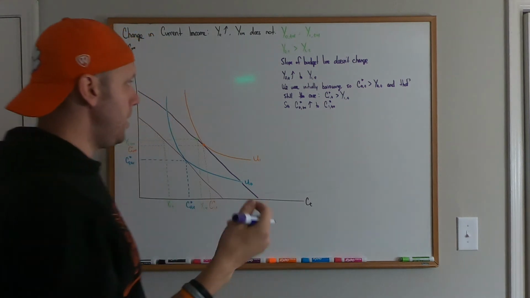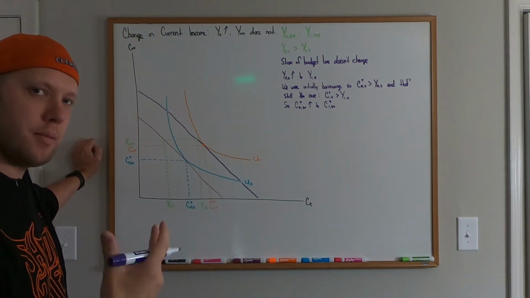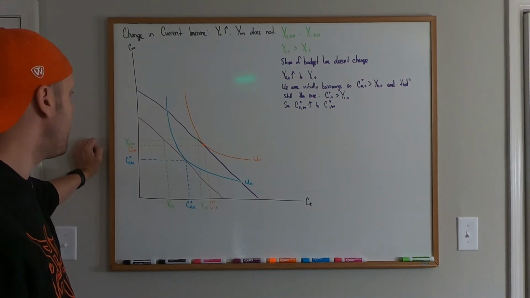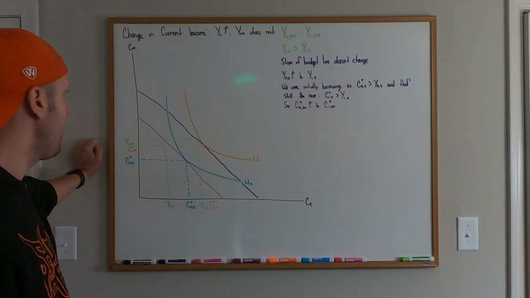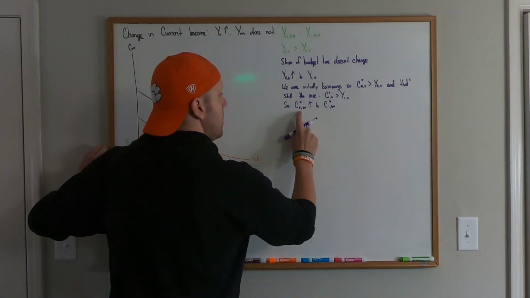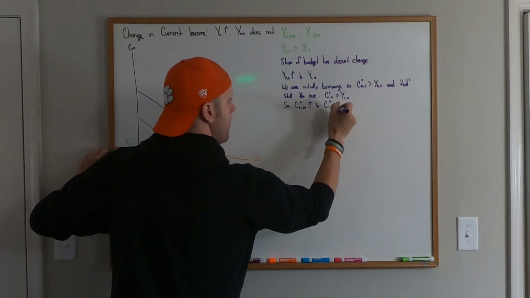So future income will increase a little bit, not by a whole lot, right? Because we still got that initial income that we have to pay back. Shouldn't call it money, there's no money here yet. So C0,t+1 increases to C1,t+1.